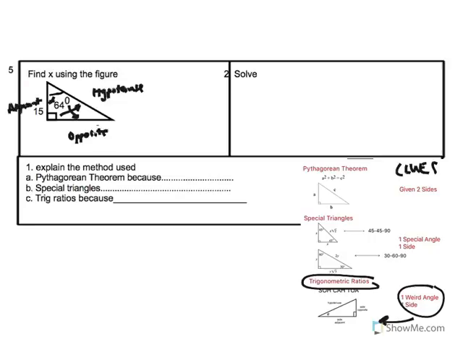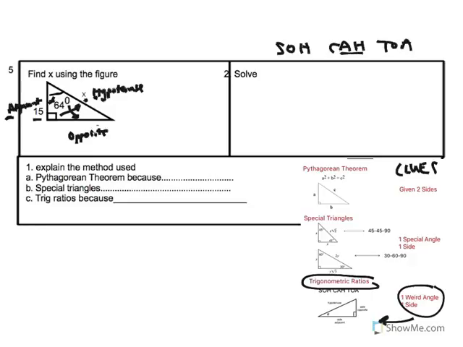So the side across from 90 degrees is the hypotenuse. The side across from the reference angle is the opposite side. And the side adjacent to the reference angle is the adjacent side.